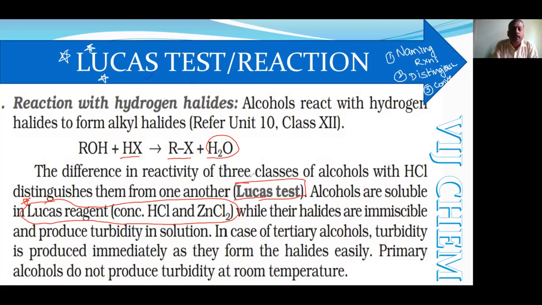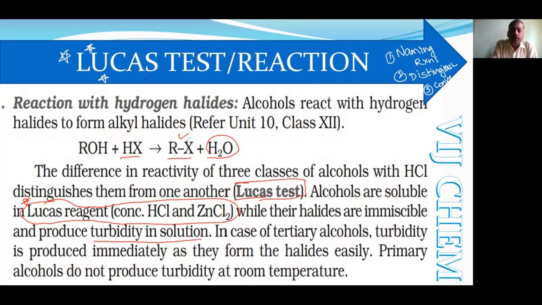The difference in the reactivity of the three classes of alcohol with HCl distinguishes one from another: the Lucas test. Alcohols are soluble in ZnCl2 and concentrated HCl, but the problem comes with the product. Here RX, the halides, are immiscible, and therefore produce turbidity in the solution.